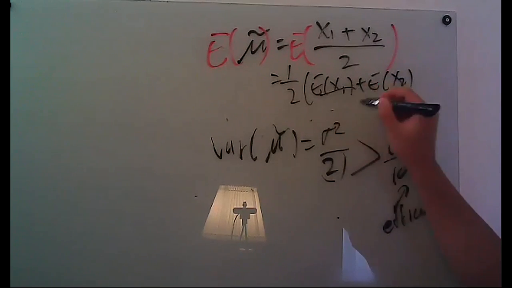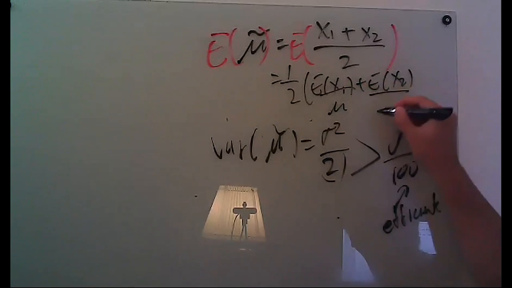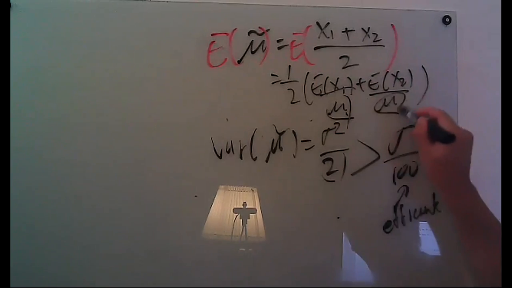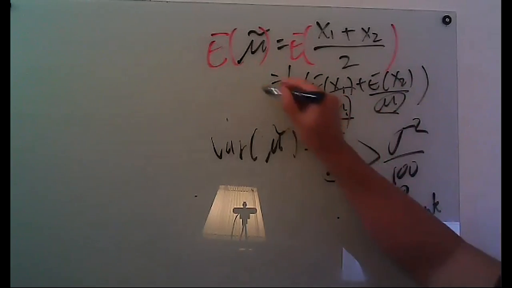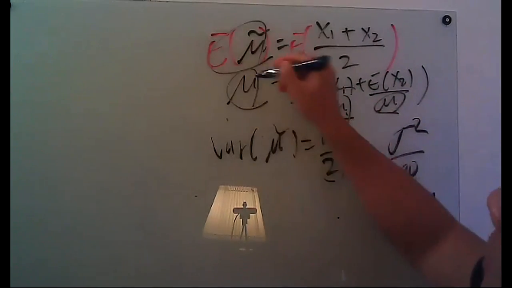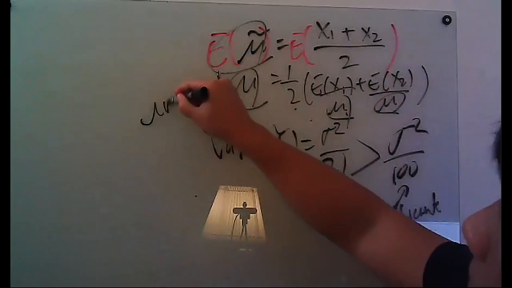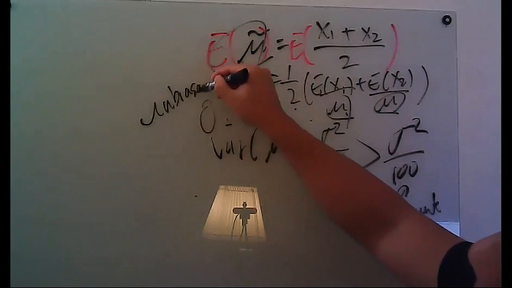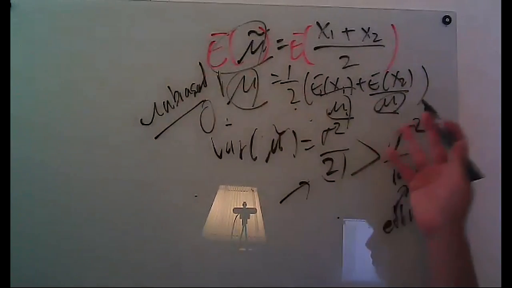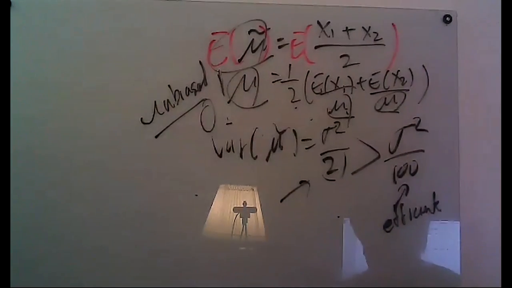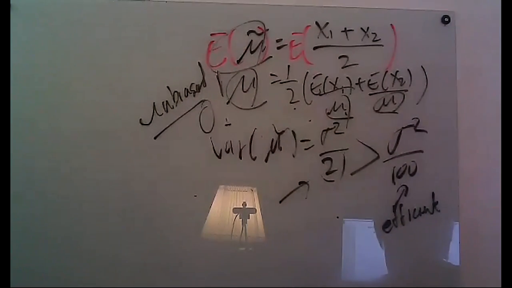This one was mu, this one was mu, right? By definition. And we have 2 mu. Divide by 2 equals what? Just mu. So this one equals this. In other words, the difference is 0. So unbiased, but not efficient. So as you can see, trade-offs appear again in here.